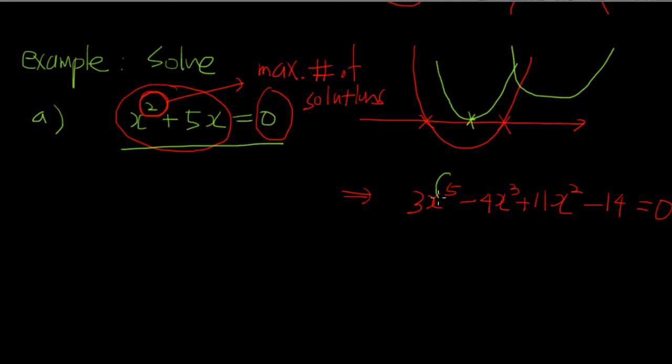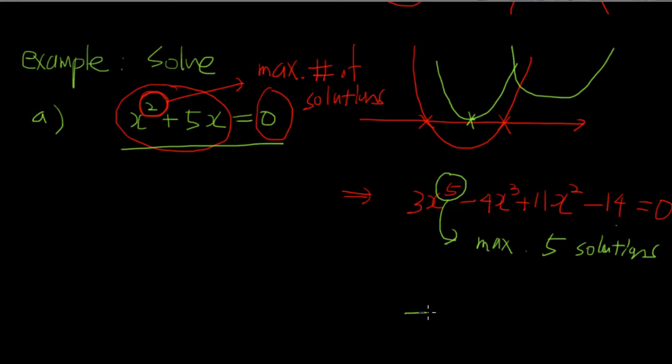Well, right there. This is a degree 5 equation. So we can have a maximum of 5 solutions for this equation. I mean, it doesn't guarantee, but we can have up to 5 solutions.